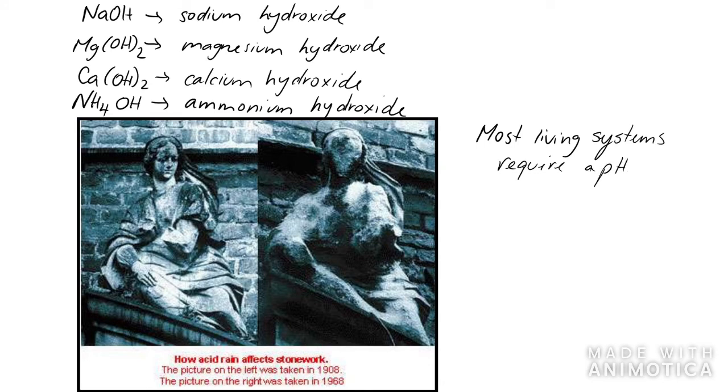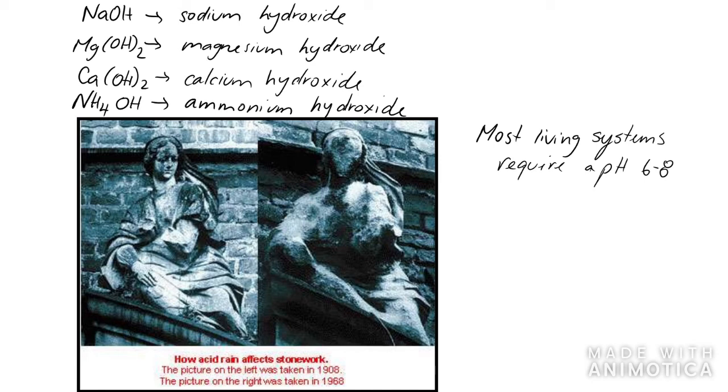There are things that prefer an acid, there are things that prefer a base, but most things require a pH between 6 and 8. So nothing too acidic, nothing too basic. But there are times where the pH is very important to the environment, whether destructive or beneficial. And two main ways are acid rain and agriculture.